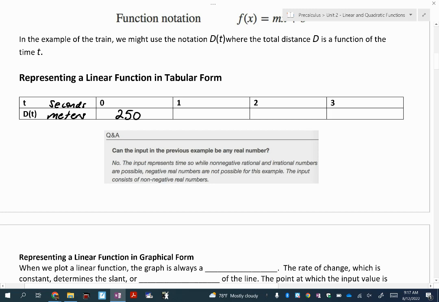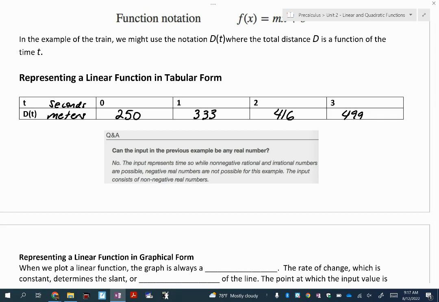Even though we know the train has been going for a little while, at time 0 for this particular function, we must say that it's 250 meters. Then 1 second from there, we add that constant rate of change, or that slope, of 83 meters per second. So 83 plus 250 will give us 333 meters. Keep doing the same thing for each second. Add another 83, you get 416 meters. And one more time, 499 meters.